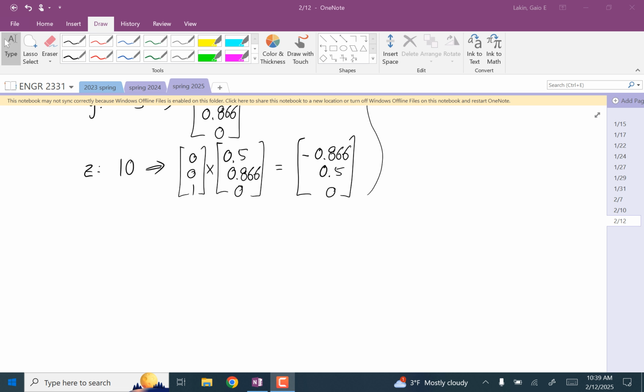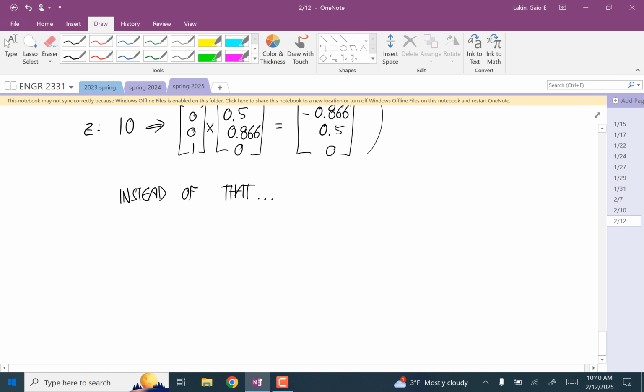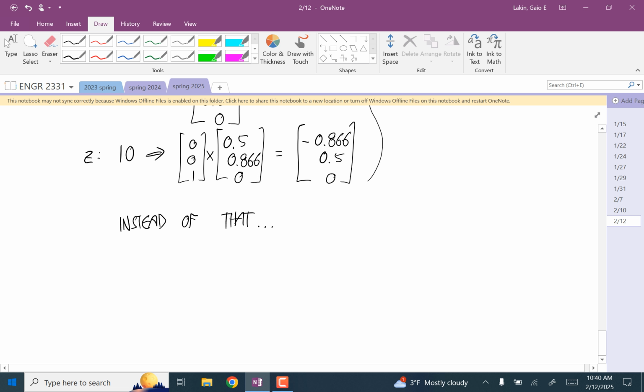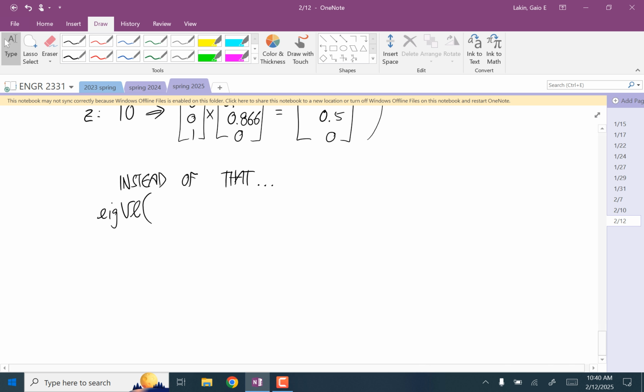So now here's how you would do this. But that's how eigenvalues and eigenvectors work. I just wanted to show you that once, and then it got sort of messy. But you're going to go eigenvalues, or if you have an 84, you're going to go to Wolfram Alpha and do this. But I'm going to go eigenVL.